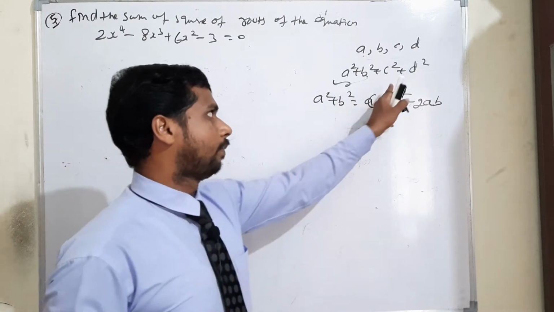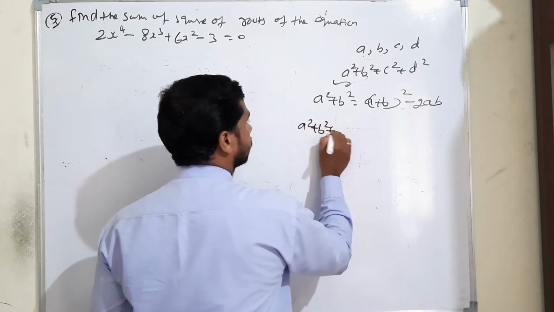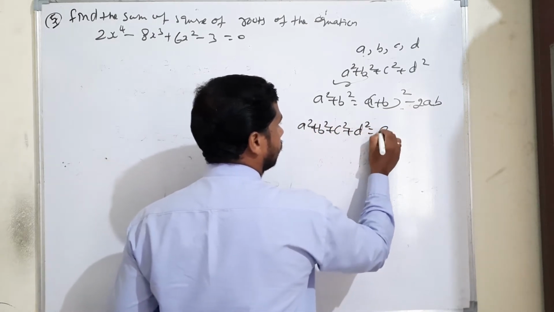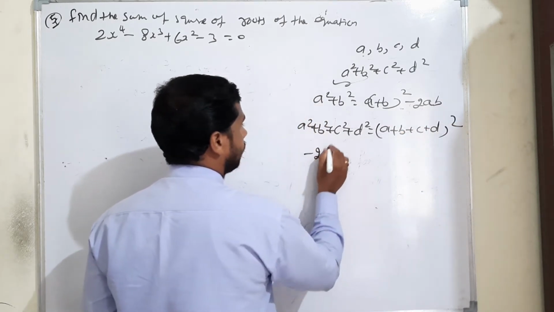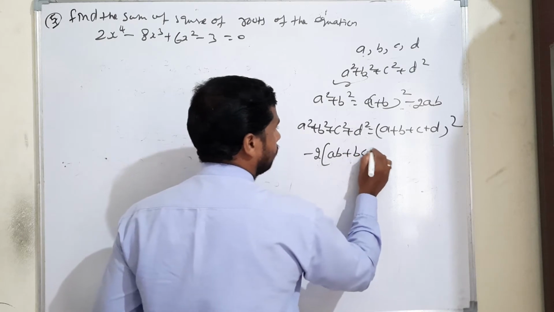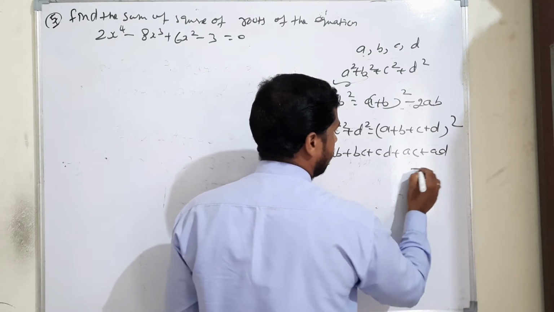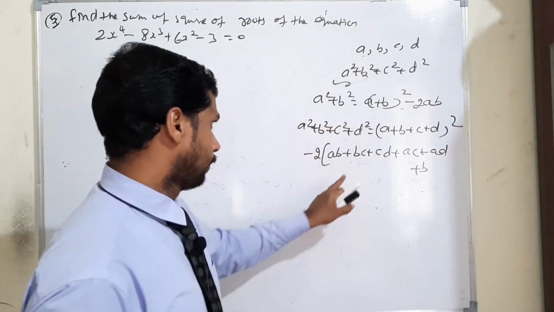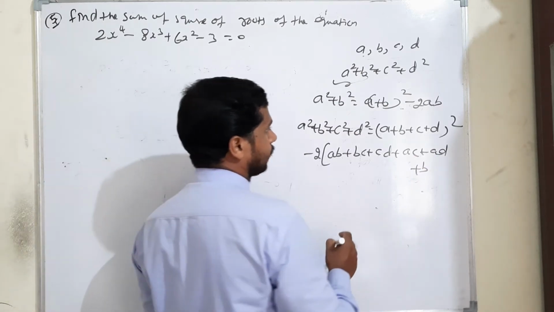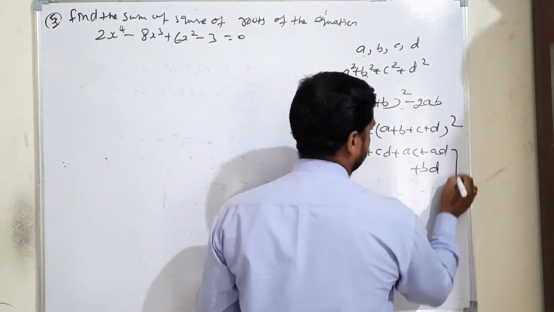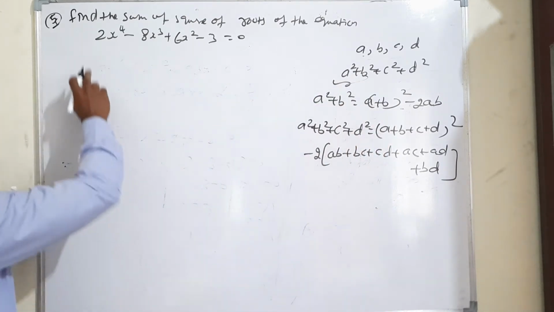As we have 4 different roots, a square plus b square plus c square plus d square is equal to (a plus b plus c plus d) the whole square minus 2 of (ab plus bc plus cd, then ac and ad, then the last one, bd), isn't it? Okay, so normally these are the 4 roots, but here the given condition is what?